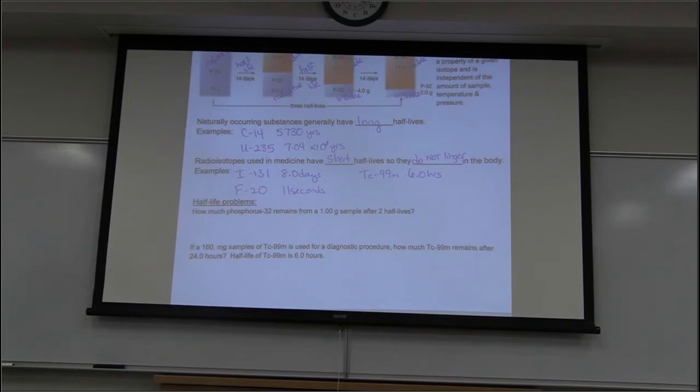The shorter half-life isotopes are typically used in diagnostic testing because you just go have the scan that you're having done, you want it out of your body. If you are being treated, it's going to last a little longer, and that would be the iodine-131.